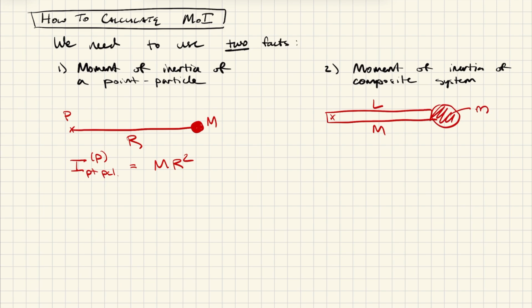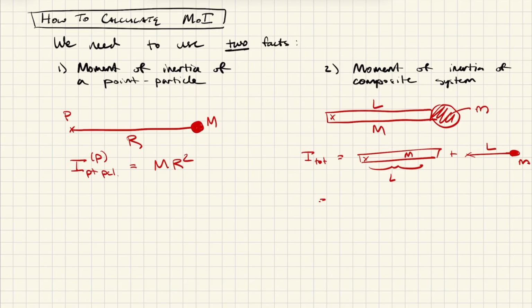If we wanted to compute the total moment of inertia, it is really the combination of a rod about its end, of mass M and length L, plus the point particle part of this contraption, the same distance L away, but with lowercase m mass.